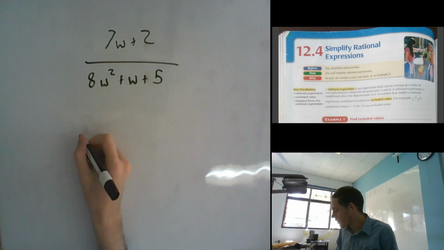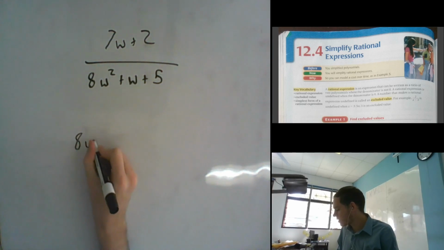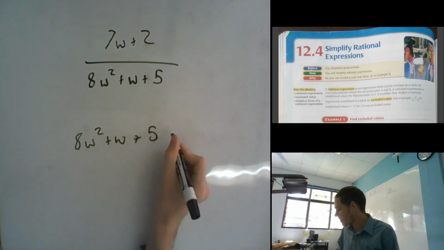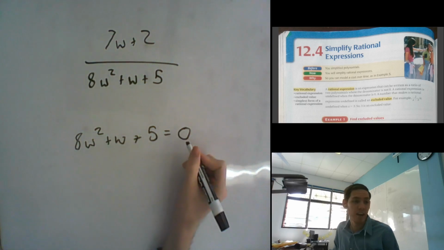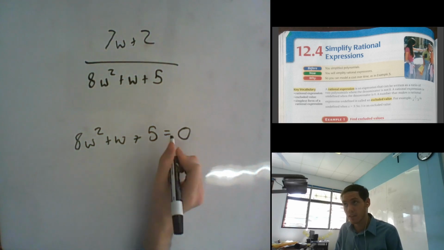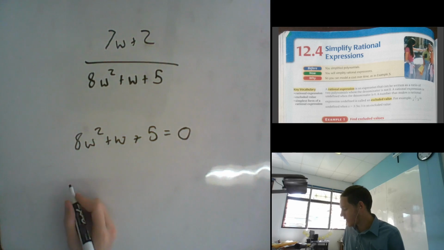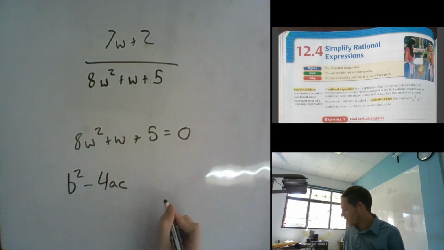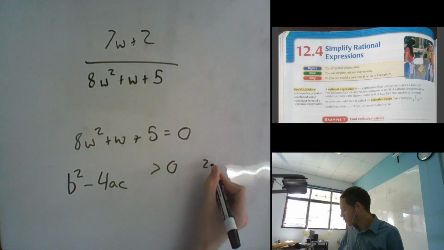Okay, so we look at when the bottom 8w squared plus w plus 5 equals 0. Now, if you recall, which you probably do, it's okay if you don't, there's a discriminant. The discriminant is b squared minus 4ac. And if this is bigger than 0, there's two solutions.